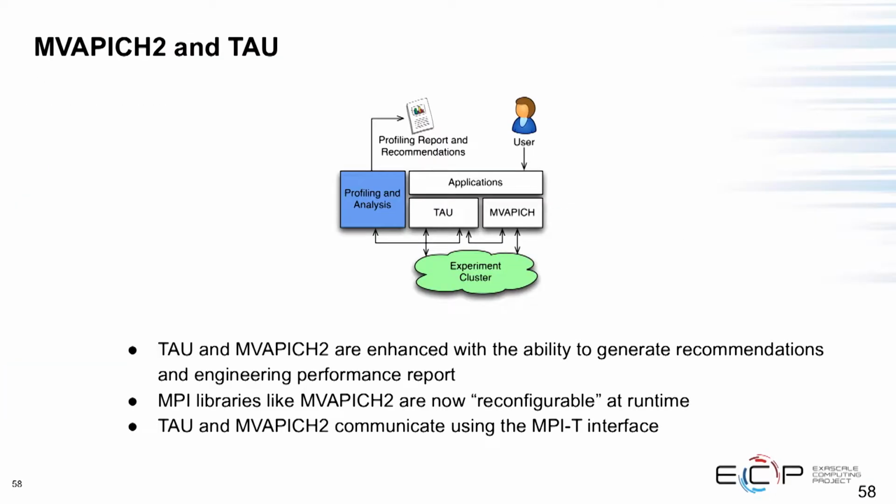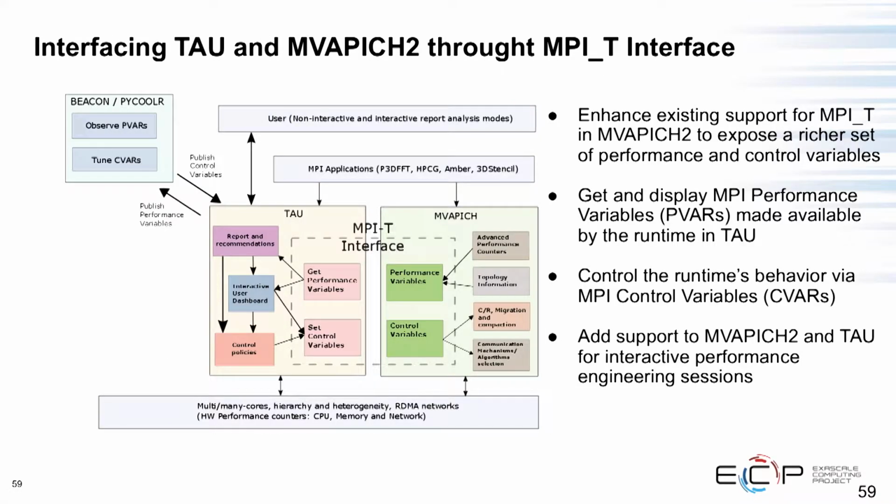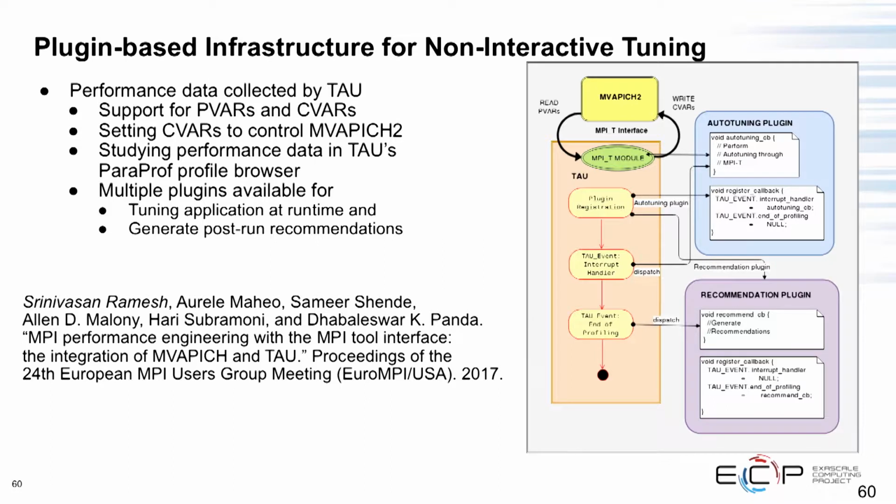We have other advanced TAU MPI interaction that you can capture through the MVAPICH MPI tools interface. And there's some very interesting work where you can change the knobs within the MPI runtime automatically and select the right options. MPI has many configuration options, but you can set this at runtime through a TAU plugin interface.